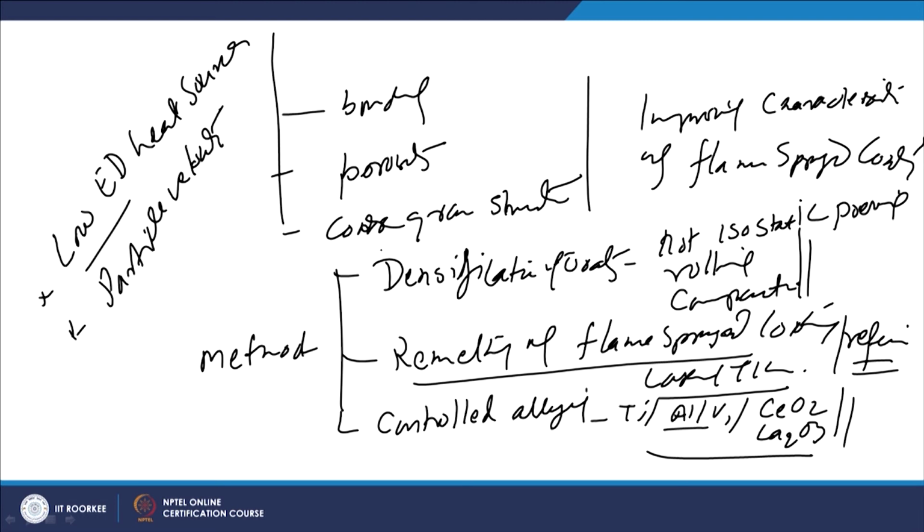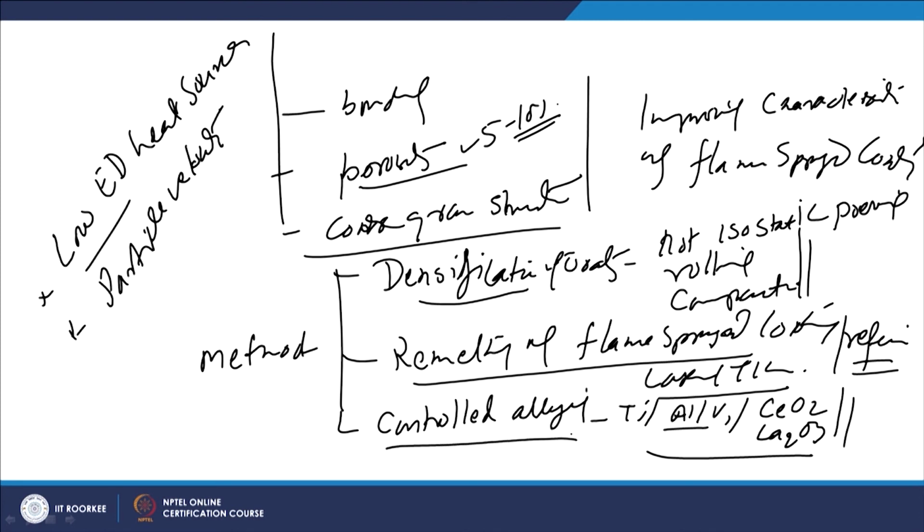Since the flame spray coatings offer a coarse grain structure and higher porosity ranging from say 5 to 10%, and the bonding is poor, sometimes remelting helps in increasing the bonding as well as refining the grain structure. Densification helps in reducing the porosity, and controlled alloying helps in refining the grain structure. So, there are different approaches for taking care of the various issues related to the flame spray coating, so that their performance can be enhanced.